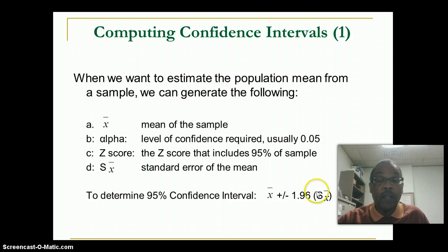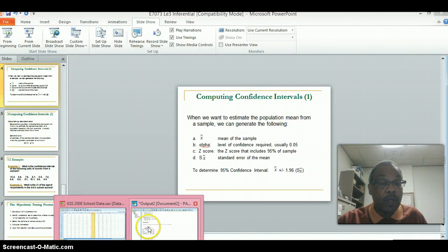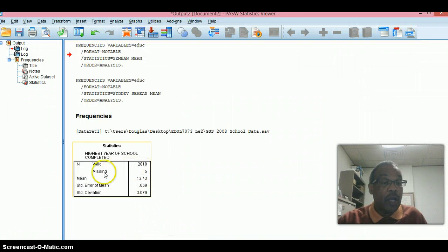So then, if we were to calculate the confidence interval for education, we can go back to the information on education, and you'll notice we have the mean, we have the standard error, and we now have a constant called 1.96, which is the 95% of all scores.